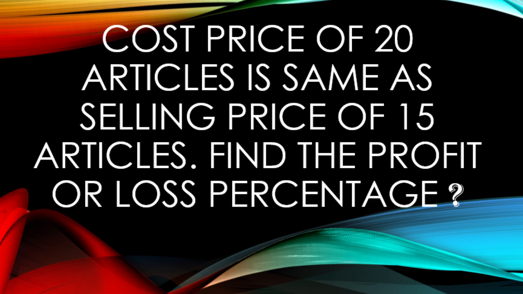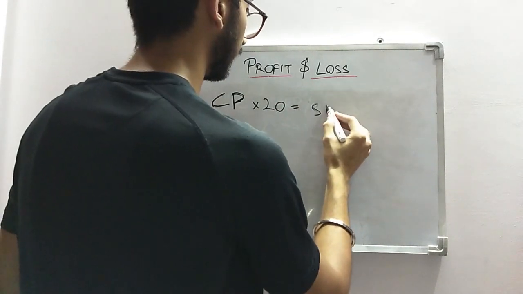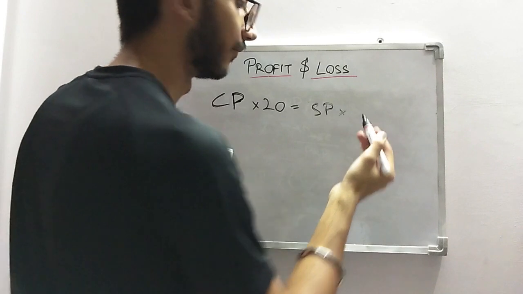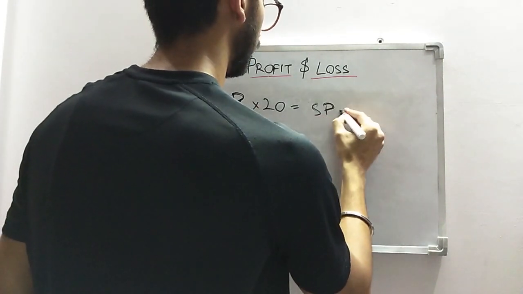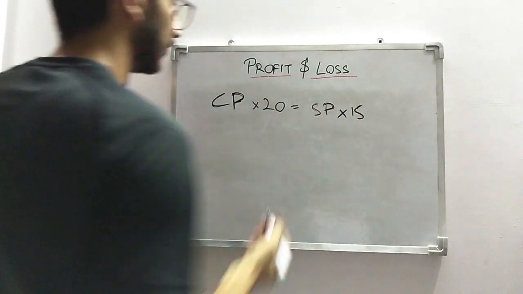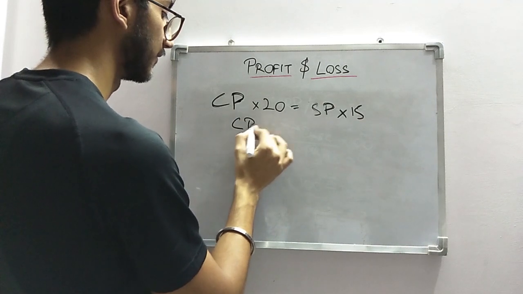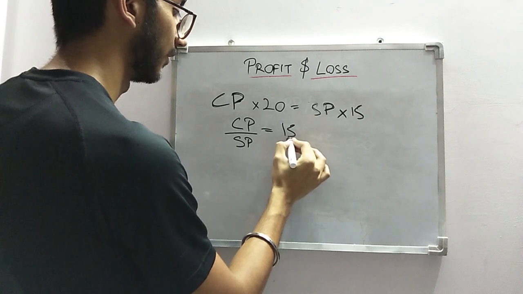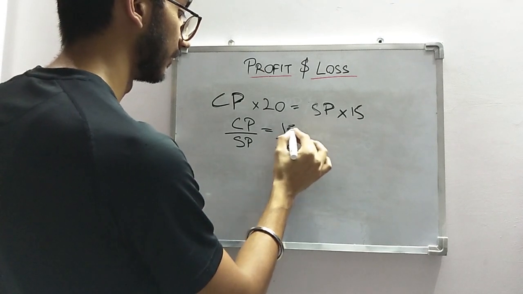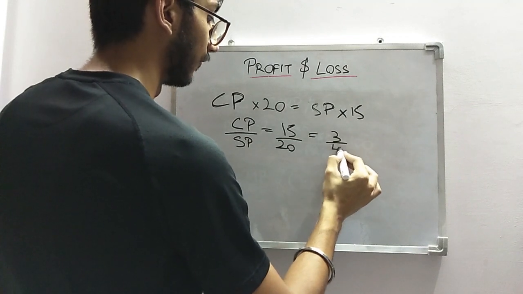That means CP into 20 equals SP into 15, right? So what we can do is calculate the ratio. CP upon SP comes out to be 15 upon 20, that is 3 upon 4.